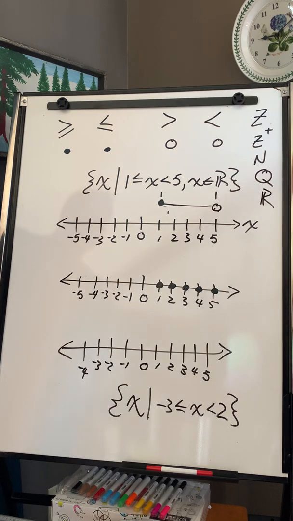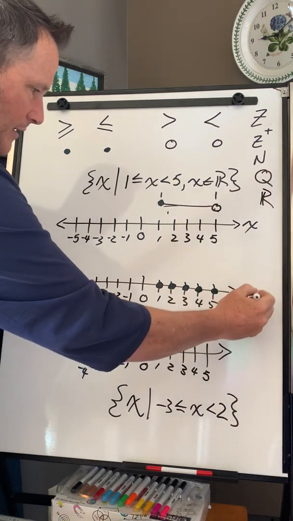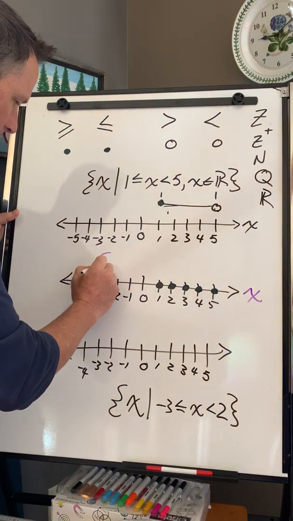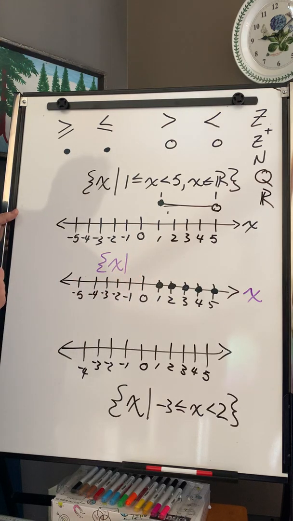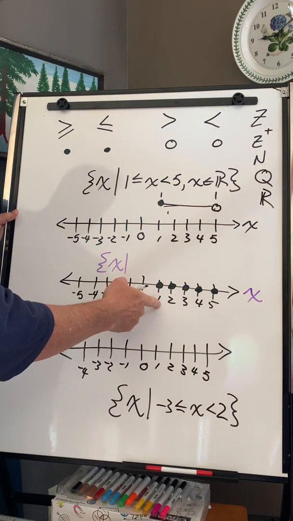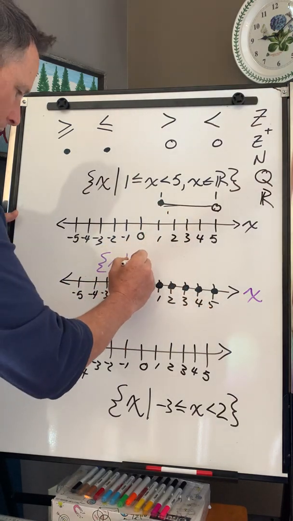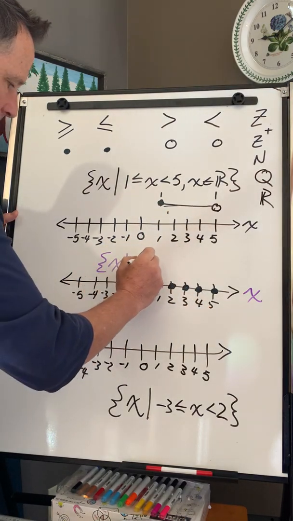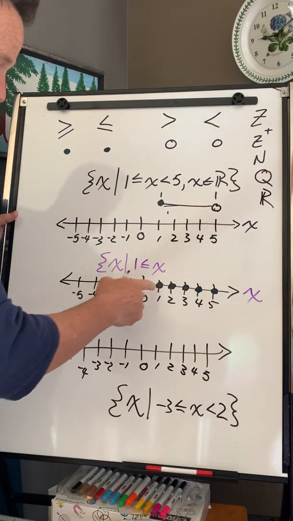The next one, we have our number line again, and it's still X. So the same deal, X. Now, I'm going from 1 to 5. So 1 is less than or equal to X, because it's a solid dot.